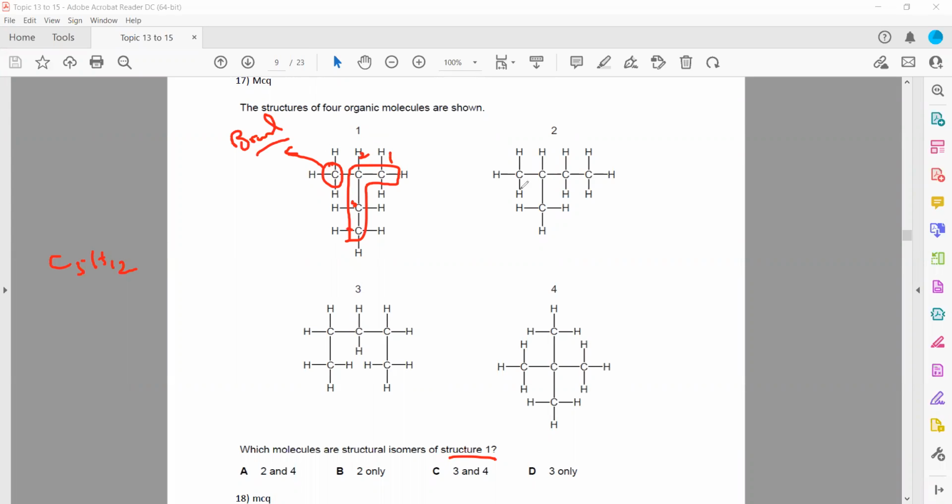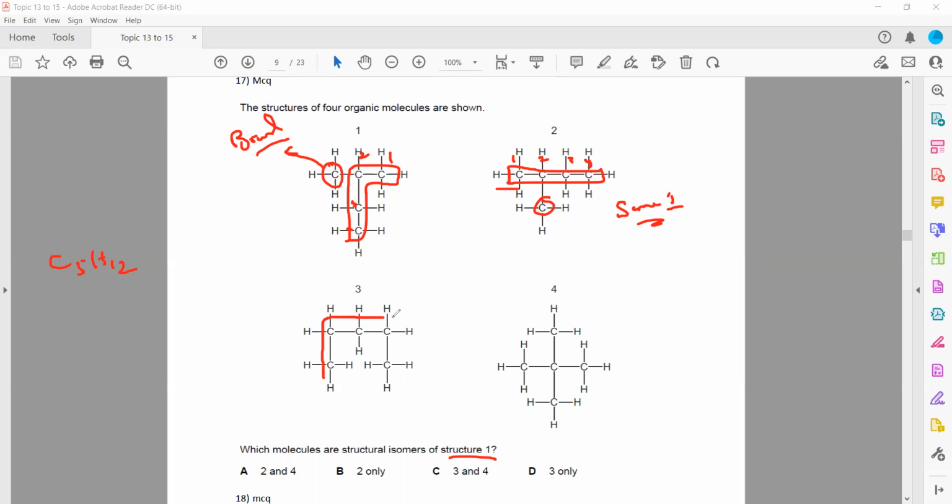When we count the carbon atoms, at the second position we have a branch. So 1 and 2 are the same structure. This is the same as 1. It is not an isomer, because to be an isomer, the branch should be attached at any other position, not at the second position.